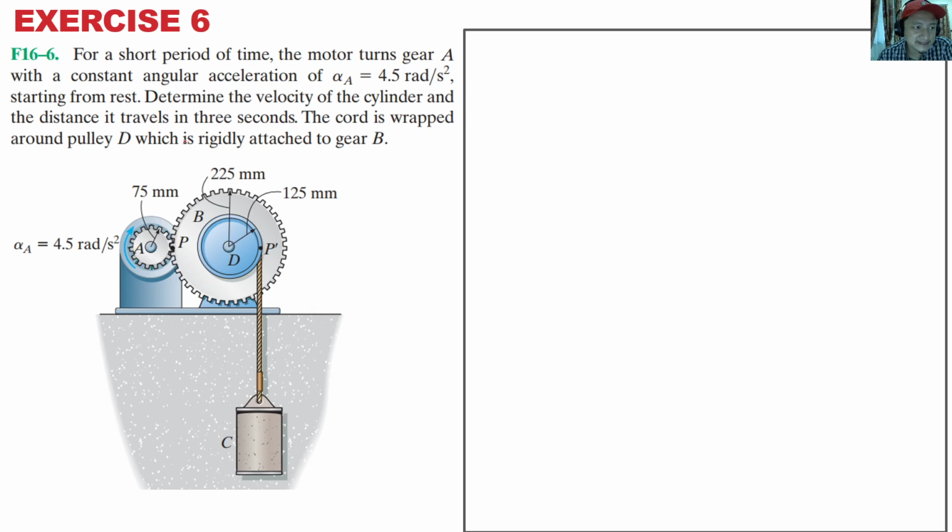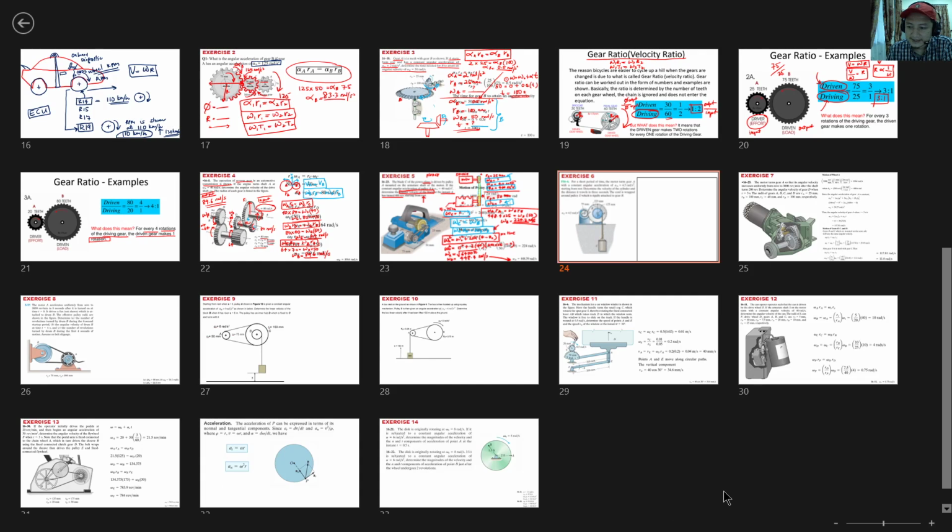Let's understand this. How many more do we have? Plenty more: 1, 2, 3, 4, 5, 6, 7, 8. I suppose this is very important.